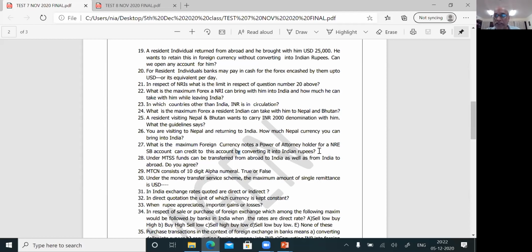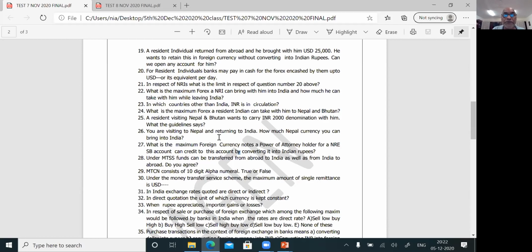He can be a power of attorney holder, he can be a personal close friend, whatever may be the case. Only when the NRI visits India, he has to give you the foreign currency notes under his signature in the challan, then only that can be converted and credited to his account.